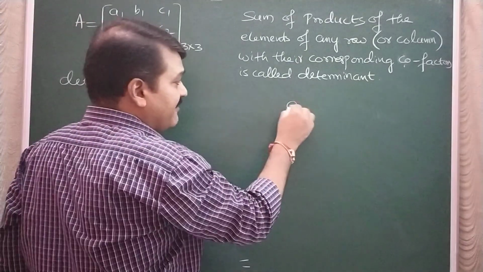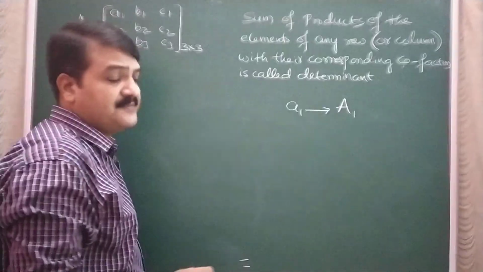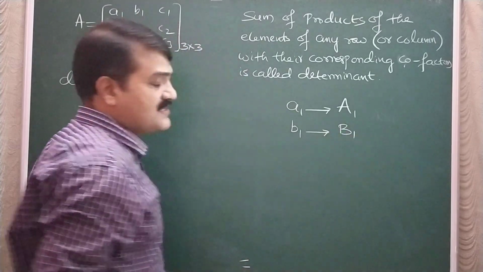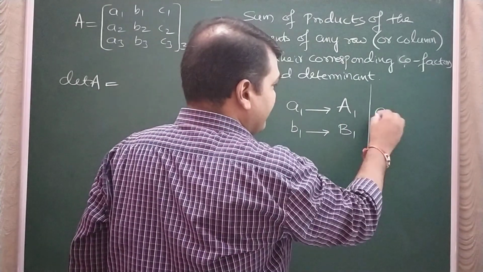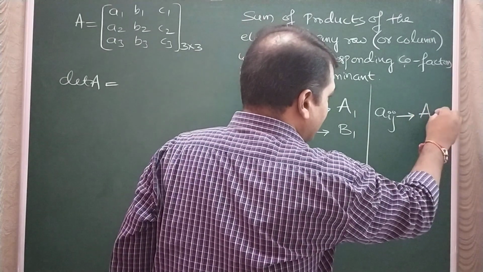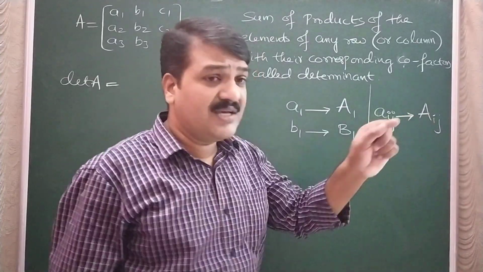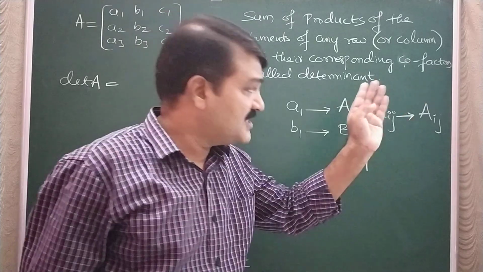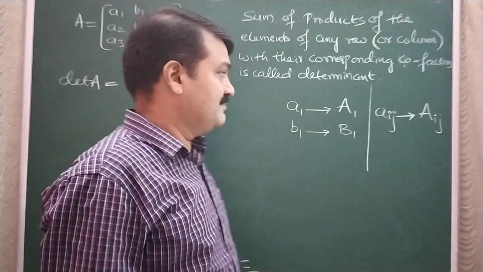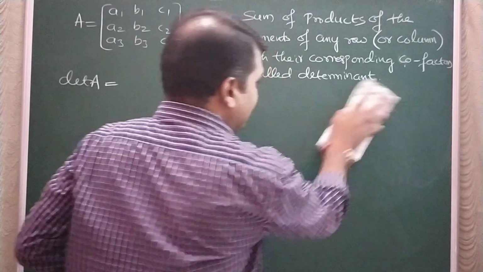Okay, so if A1 is an element, its cofactor is denoted like this. If B1 is an element, its cofactor is denoted like this. In general, if Aij is an element, its cofactor is denoted like this. That is, for cofactor, simply we use the capital alphabet. The same capital alphabet we will use for the cofactor symbol. Okay, so we are going to write the determinant now.